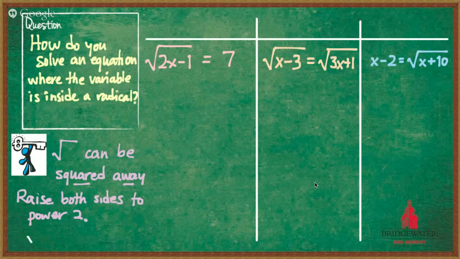If it only exists over one term, let's say I'm doing the square root of x plus 5 is equal to 12 or something like that, it would do me no good in this example to square both sides, because I would have to square the binomial on the left-hand side as well as the 12 on the right-hand side. And then I would end up having to FOIL this out. And when I FOIL it out, I'm going to get a cross term. The outer and inner terms are still going to have square root factors in them. And so I don't want to square both sides directly in this example.